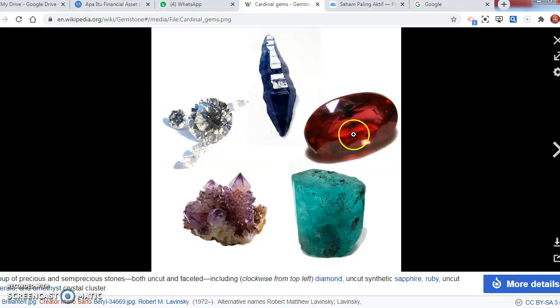Merah, ruby ni adalah delima kan, batu delima. And this is uncut emerald, okay. Emerald uncut maknanya permata emerald yang belum dipotong. Dan amethyst crystal cluster. So batu-batu ni boleh dibuat cincin, permata, dibuat gelang, permata untuk gelang dan sebagainya, dan boleh dijual. Okay, so these are gemstones.